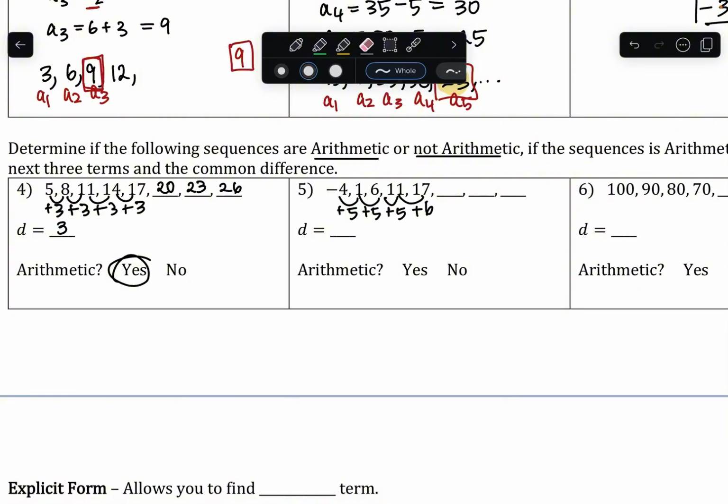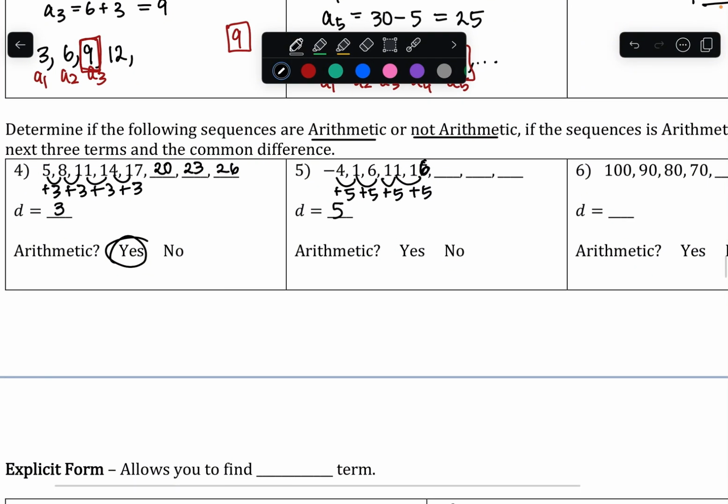But I'm going to change it into a 16, maybe it was supposed to be, and then this would be arithmetic. And so D would be 5, and this would be yes. And to get our next terms, 16 plus 5 would be 21, plus 5 would be 26, plus 5 would be 31.